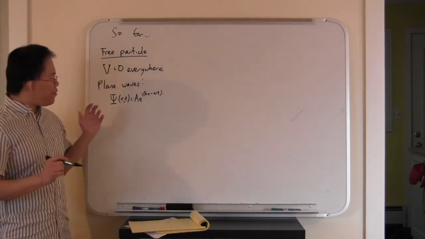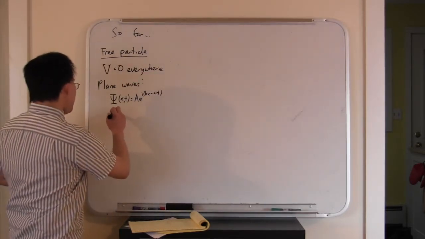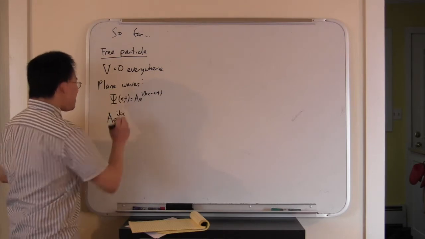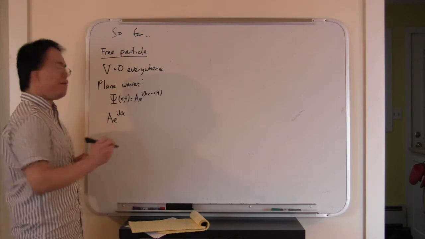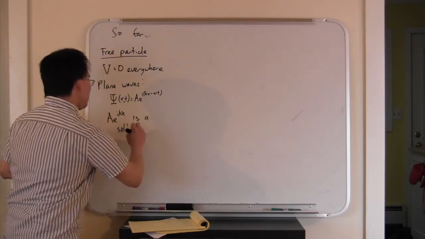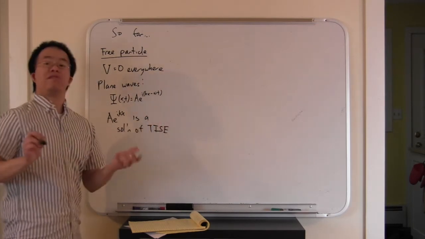What we can now see, based on what we've learned since then, is that e to the ikx, just the spatial part of this plane wave, is a solution of the time-independent Schrödinger equation.